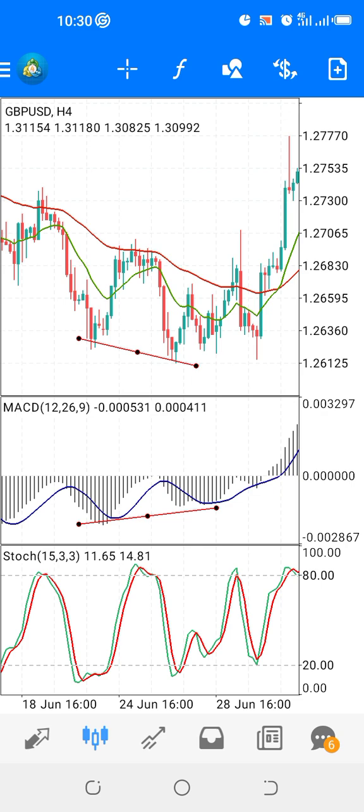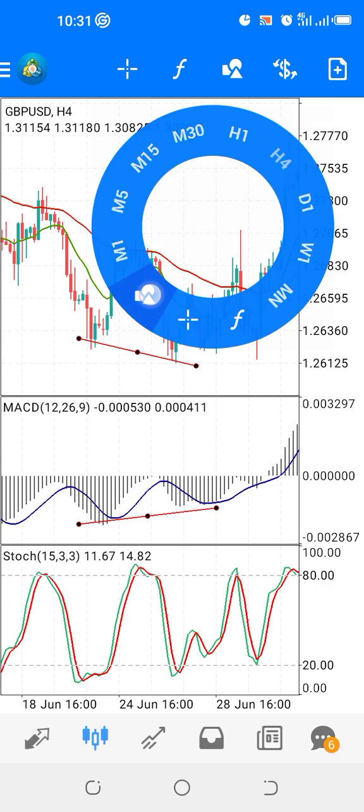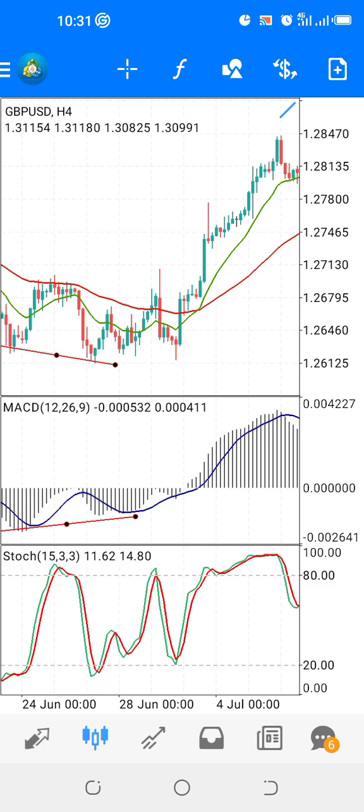Something is about to happen. They are moving in opposite directions. While price is going down, the oscillator is moving up. It means that the trend is about to change. And what happened eventually? You see the price went up. The market went what? Up.